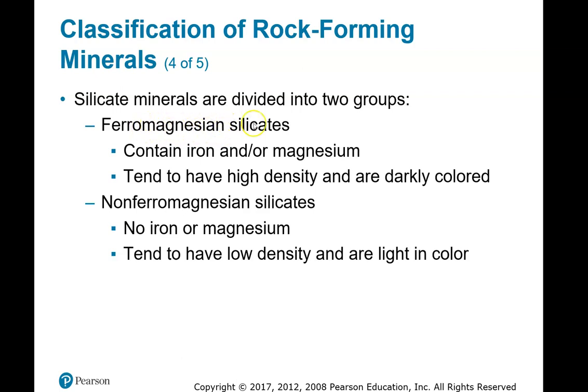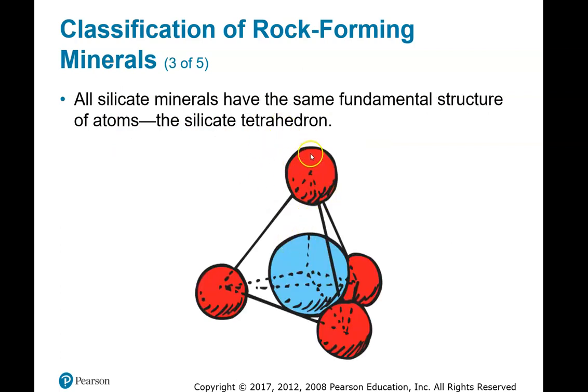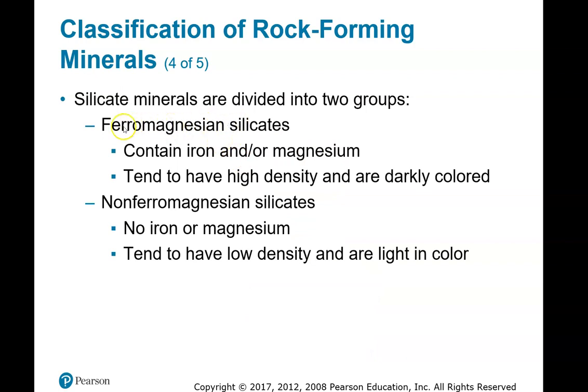So it's basically if the silicate, which is the silicon and oxygen, has ferro, which is iron, or magnesium. If it has either of those or both of them, then that's considered ferromagnesian. It's fun to say some of these things.